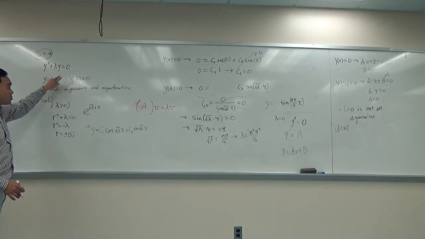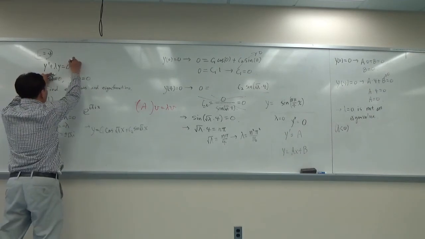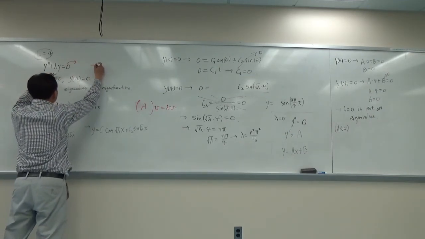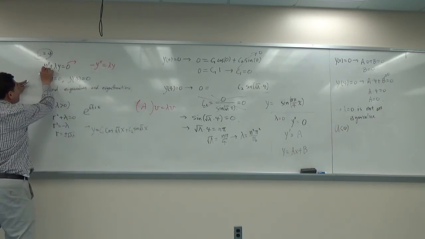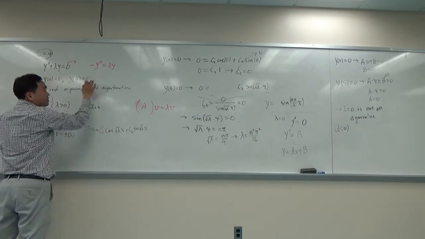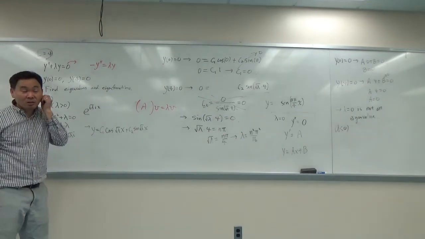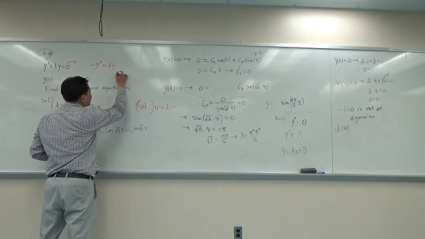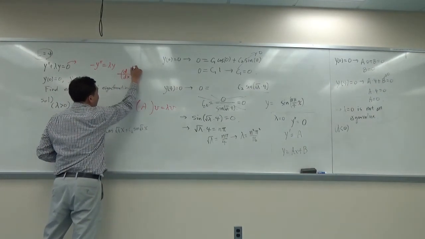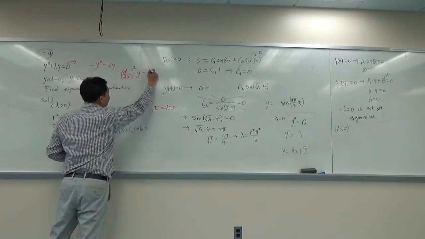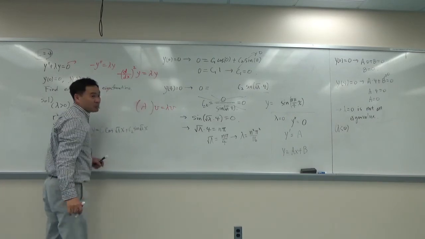But this doesn't look like that. In order to make this one look like that, what should we do? Negative y double prime equals lambda y. I just move this to the other side and switch two sides. So if I apply negative d squared dx squared to y, that's equal to some multiple of y.